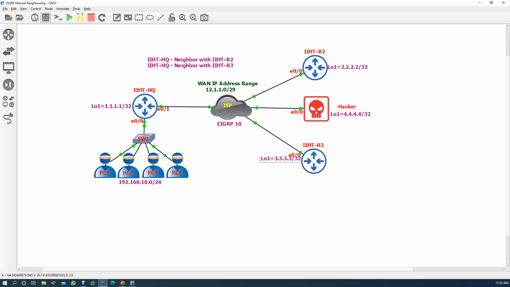But what is the problem in EIGRP and all the routers? Whatever network I am receiving on an interface, I am not going to send back on the same interface. That is the EIGRP split horizon rule.